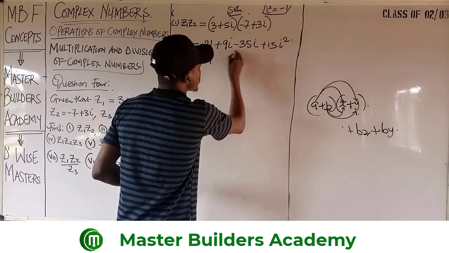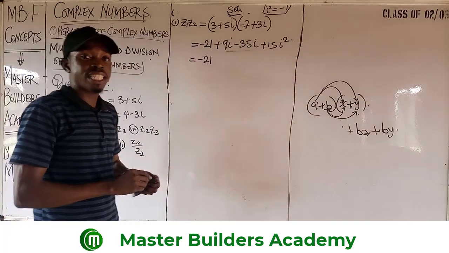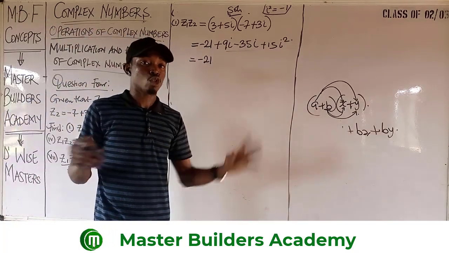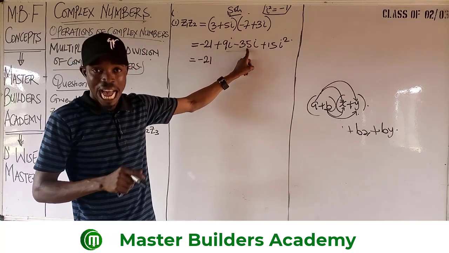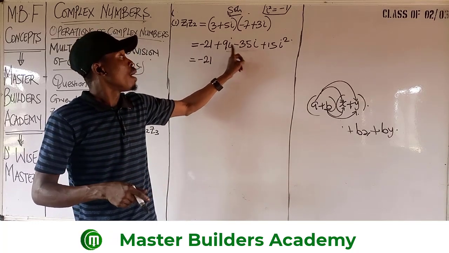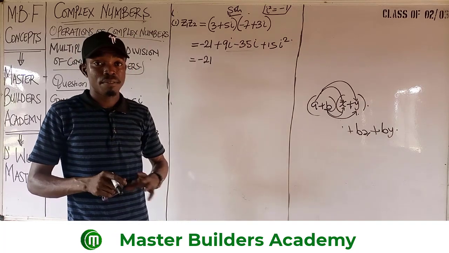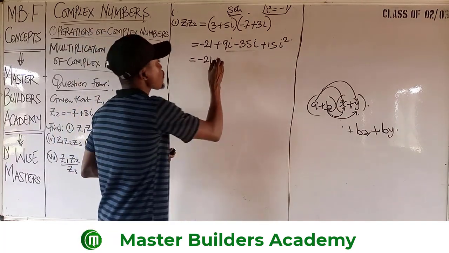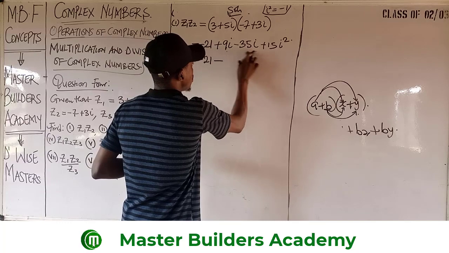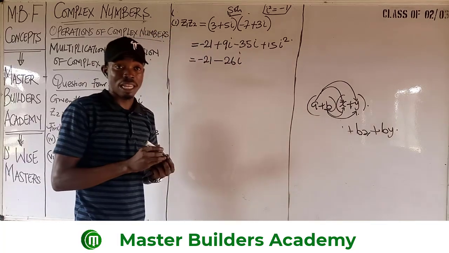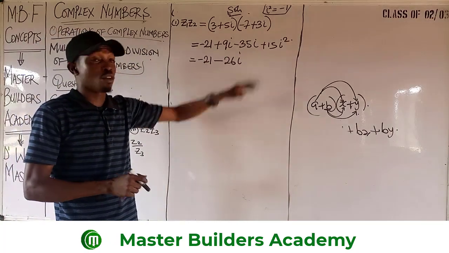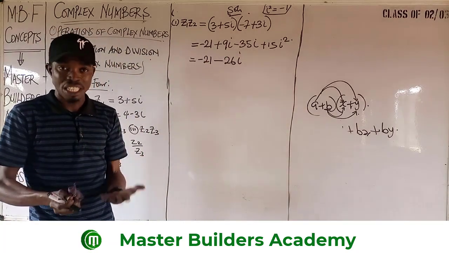Remember that the middle terms will always be terms in i, imaginary to the power of 1. So this is 9i, and then this is -35i. Hope you understand this. So 9 minus 35 will give us -26. So when you remove 9 from 35, you have 26.